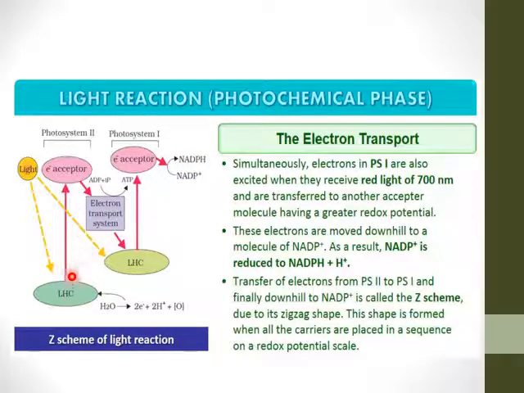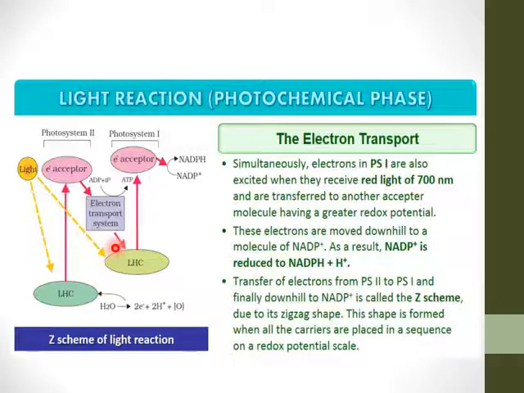So you can see that is the shape of that scheme, that is from LHC PS2 to electron acceptors, then to the electron transport system, then PS1 to the electron transport system, then downhill to NADPH. That is in the Z shape, that is due to the zigzag shape.